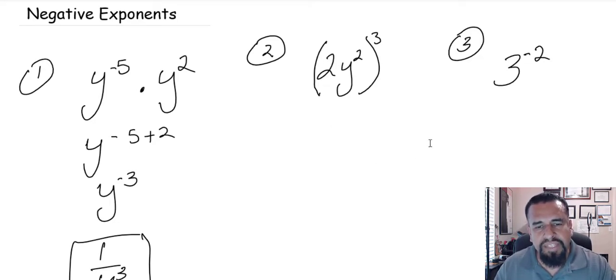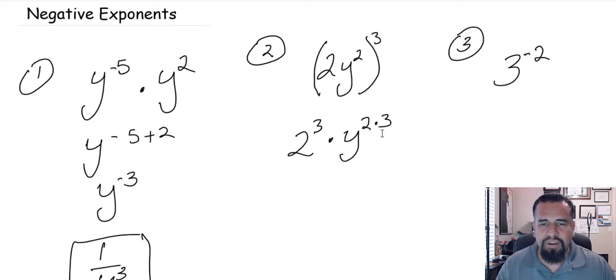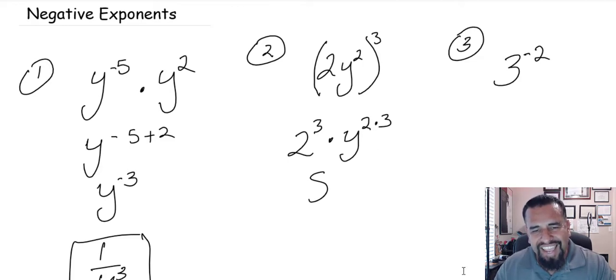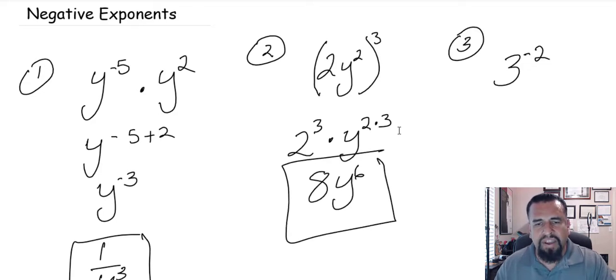So what this really means is that I have 2 to the power of 3 times y to the power of 2 times 3. So this becomes an 8 times y to the power of 6, because 2 times 3 is 6. That would be my final answer.